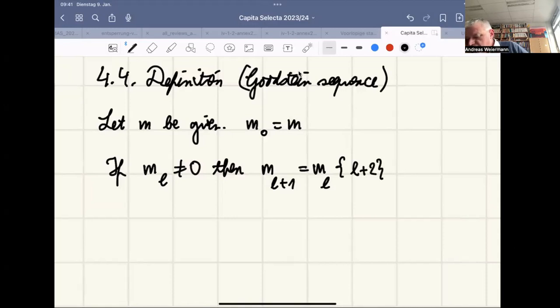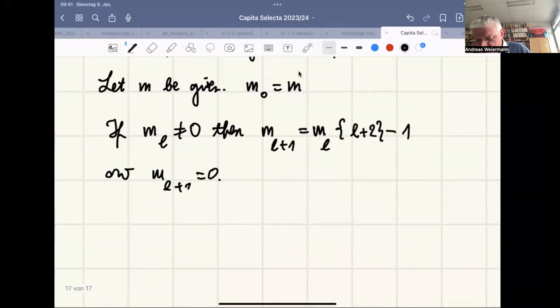We develop m_l with respect to base l+2, and then we replace hereditarily base l+2 by l+3. So this makes the number bigger, and then I subtract 1. And otherwise, if m_l is 0, we put m_{l+1} equal to 0.